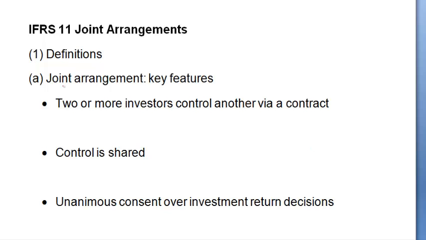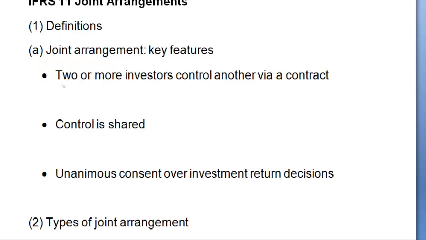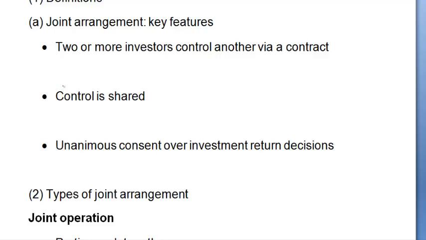So what do we mean by a joint arrangement? We've got 2 or more investors control another via a contract, and that contract exists between the investors.